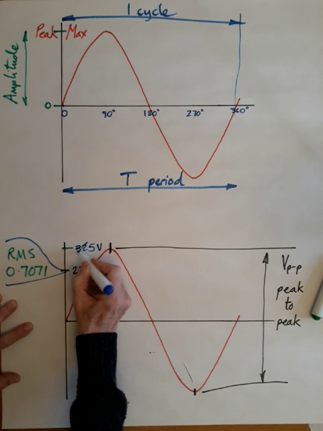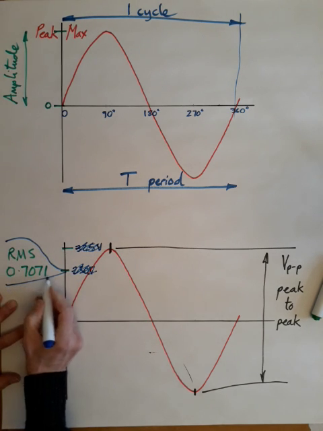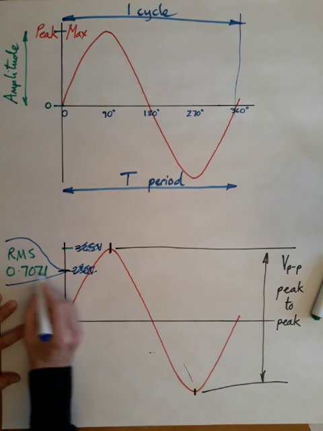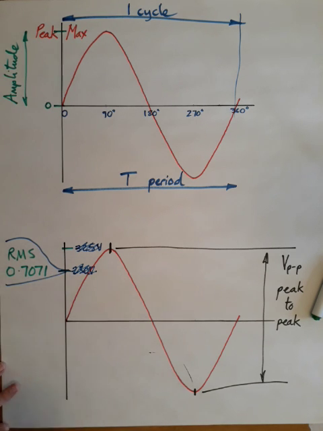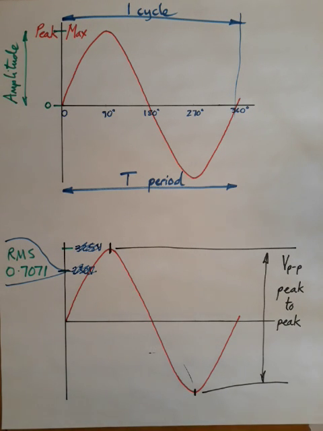So not bothered about you writing this on your handout, but RMS is 0.7071. This is a very important value. We'll do calculations using that very shortly. So you've got a lot of information on your handout right now, and I'm now going to look at the last one.